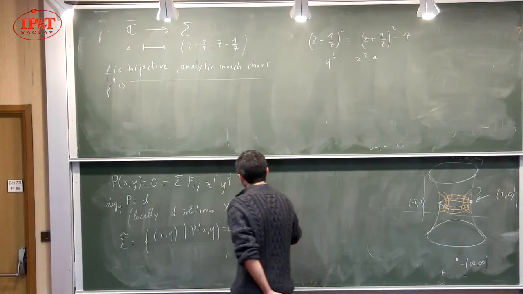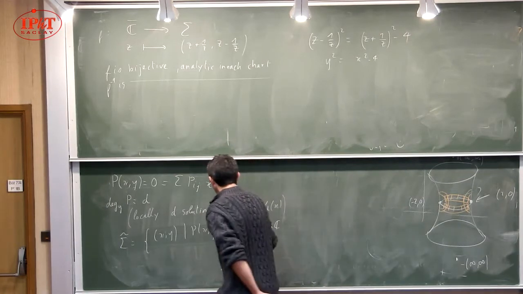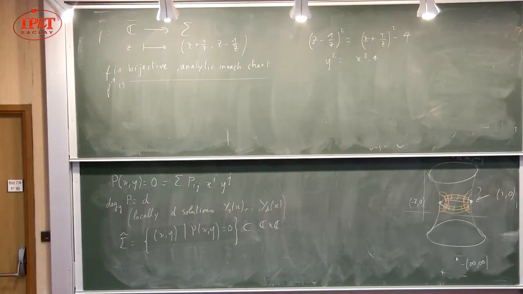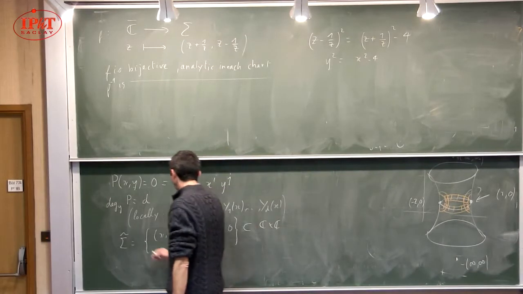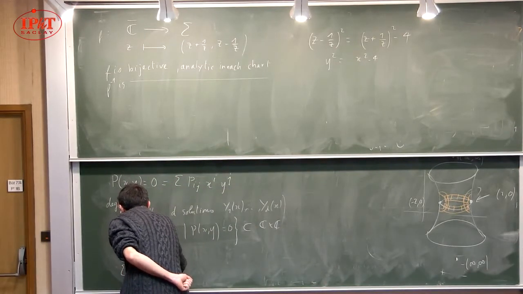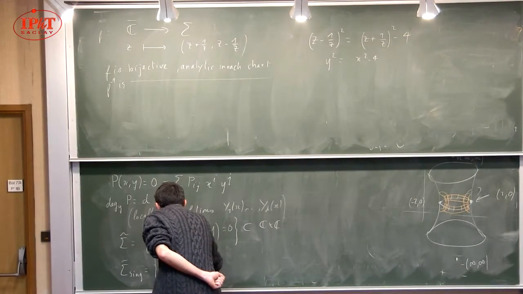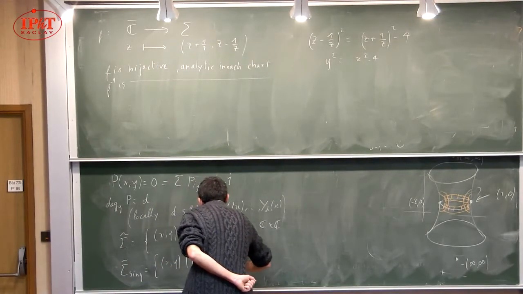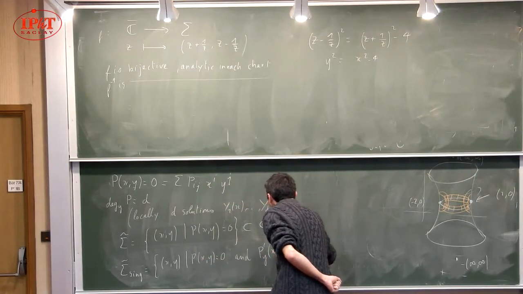It's a subset of C cross C, but first it will not be compact and it will not necessarily be a manifold, a Riemann surface. I will explain why. But then define the object sigma tilde thing, which will be the set of points x, y such that P of x, y equals 0 and the derivative with respect to y of P at x, y equals 0.